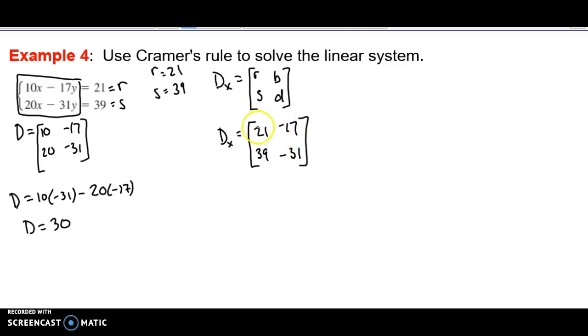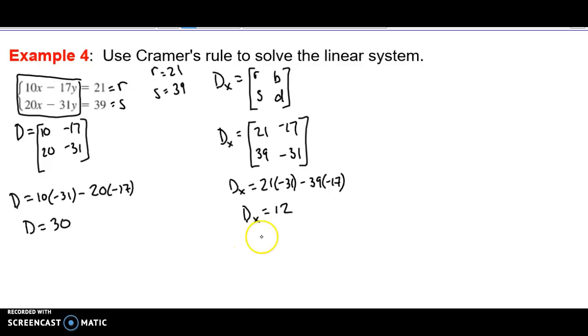In order to find the determinant, I'm going to cross multiply these. So I get 21 times negative 31 minus 39 times negative 17. So D of X equals 12.